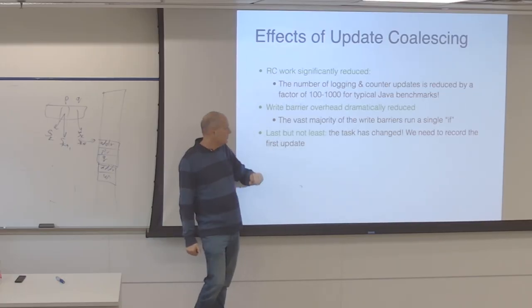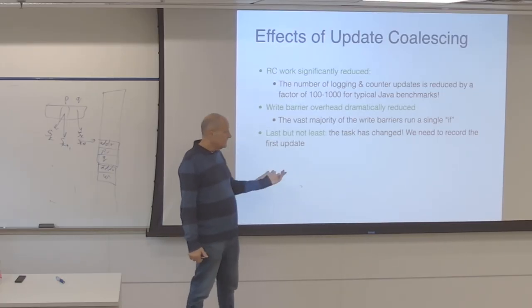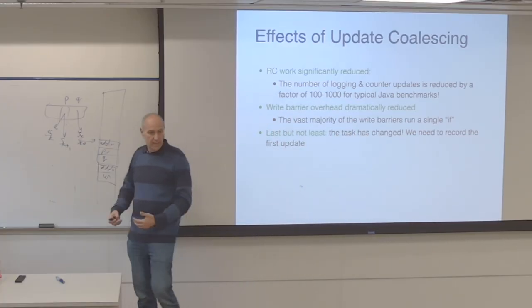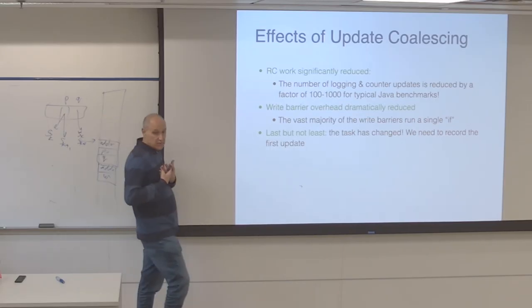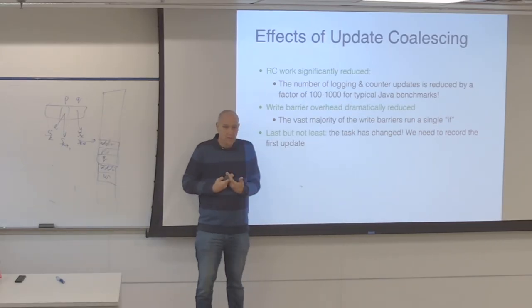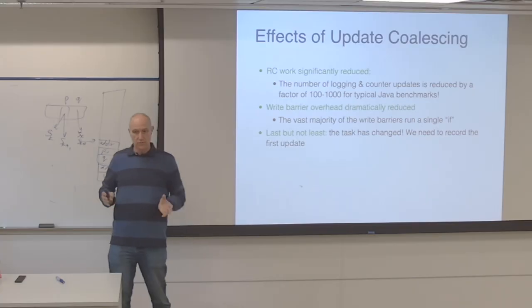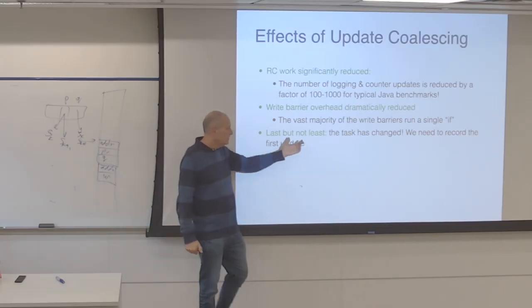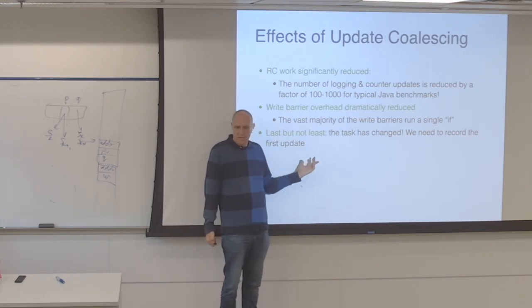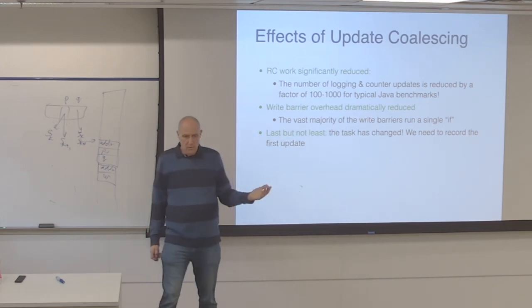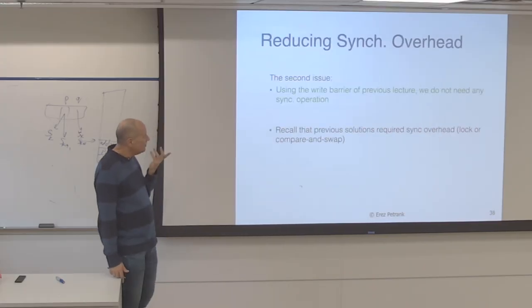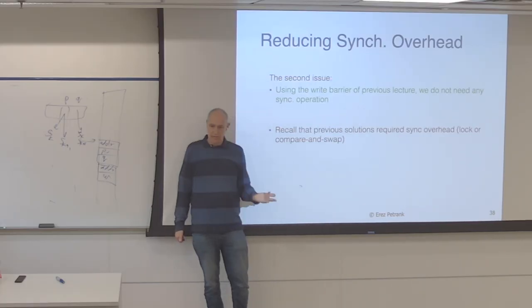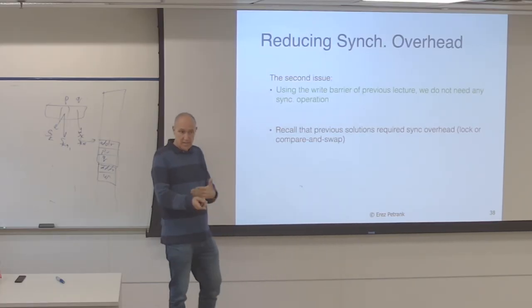So we both reduce the work of the reference count, and we also make the write barrier very short and efficient. And finally, now in the write barrier, I don't do reference counting, I just record the previous value. I will do reference counting when the collector kicks in and does its work once in a while. But in the write barrier, it just looks the same as the mark sweep. So now I don't have to do any synchronization in the write barrier because the task has changed.